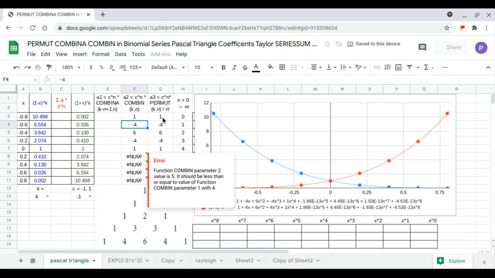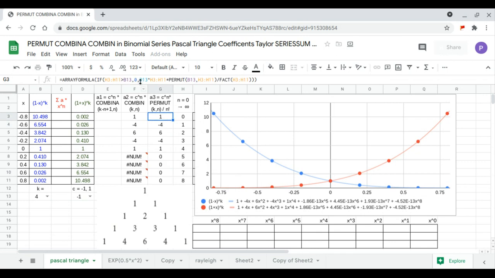Now we'll use the same from here up to here. We'll copy this, and copy it right here. Paste. Then enter. Now it's clean. They are the same. Their values are the same.